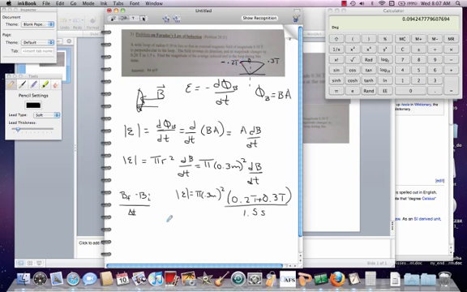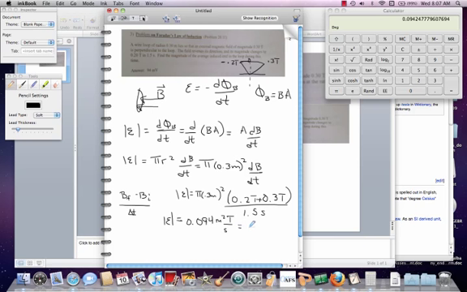So my EMF then becomes, when I multiply this out, this equals 0.094, and here I have meter squared, and I have Tesla per second.